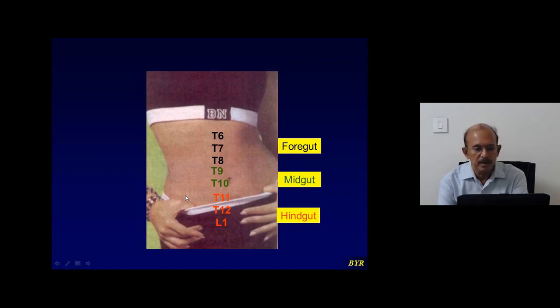Umbilicus, very good. Because it is a midgut structure, all pains produced from the midgut, whether from the ascending colon, cecum, appendix, ileum, jejunum, lower part of the duodenum, and related structures like part of the pancreas, the patient feels the pain in the umbilical region.